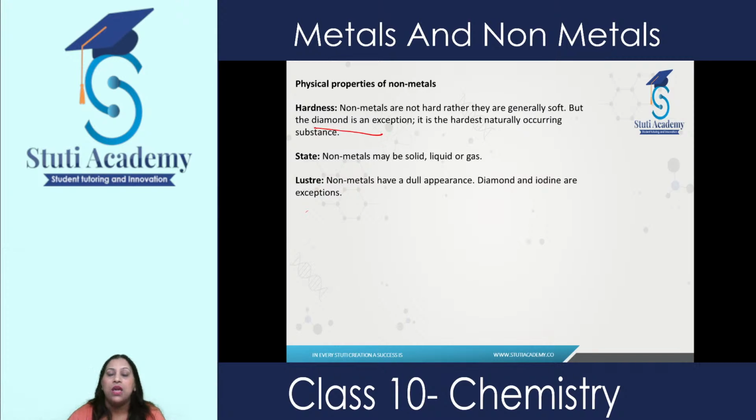Diamond is the only exception in non-metals, which is an allotrope of carbon. We'll study in detail about carbon in the carbon compounds chapter. So carbon exists in two forms in nature, in diamond form and in graphite.